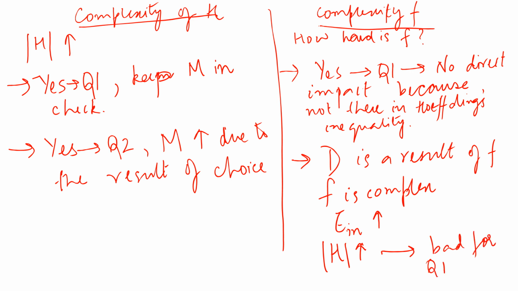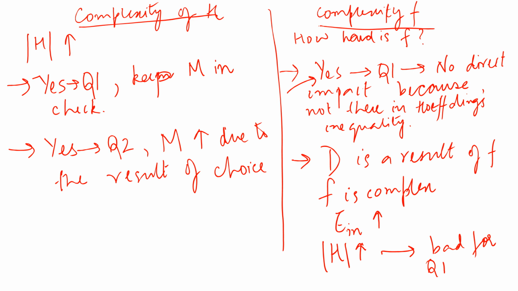So it's not directly impacting question one, but as you just saw, that trade-off exists even with the complexity of f, because indirectly, to improve E in, I have to expand my hypothesis set, and the moment I do that, it's bad for my question one.